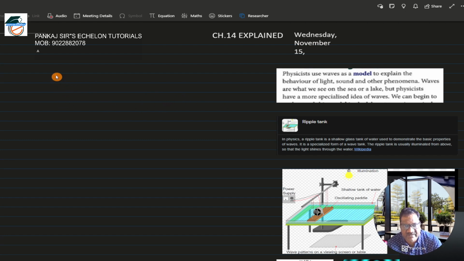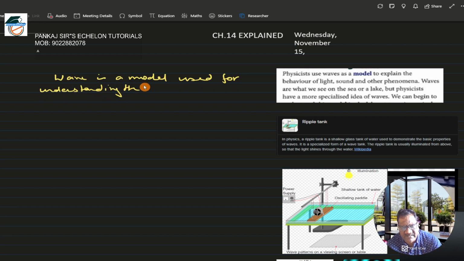So wave is just a model, used for understanding the behavior of energies.